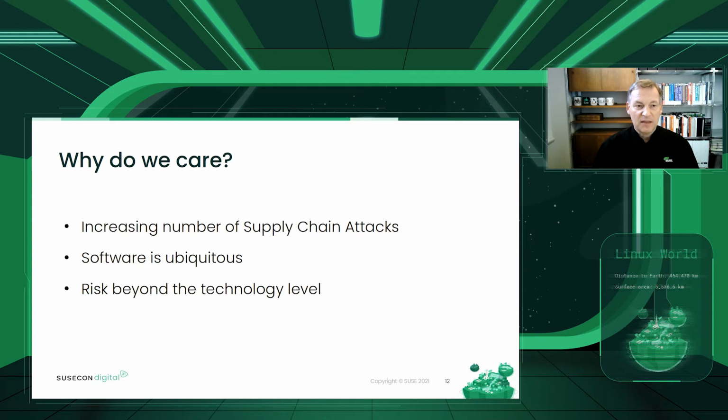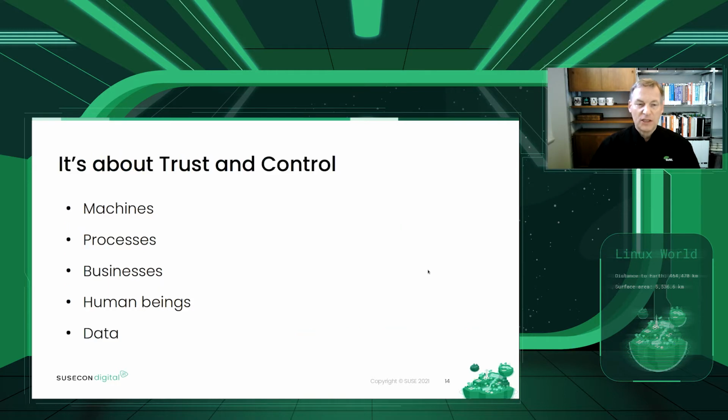This means that the risk that a broken software supply chain goes far beyond the pure technology level that we are discussing here. In that context, a secure software supply chain is a matter of risk mitigation. Or, speaking from the other perspective, it is about trust and control.